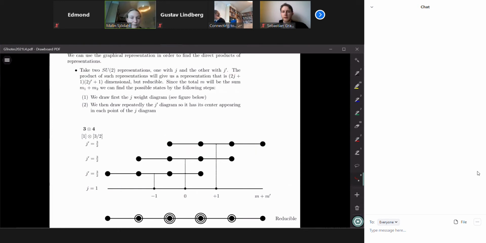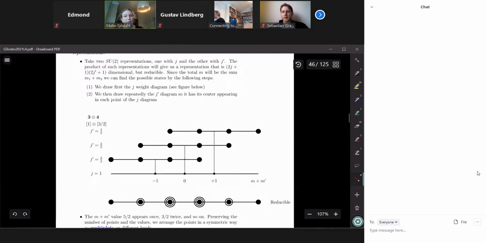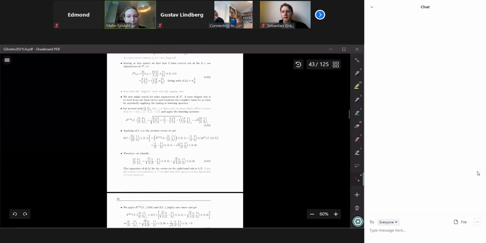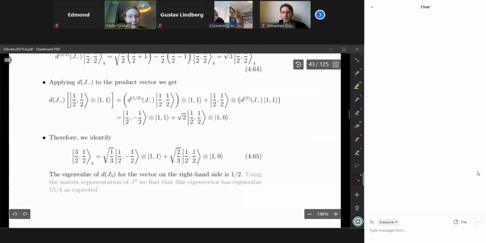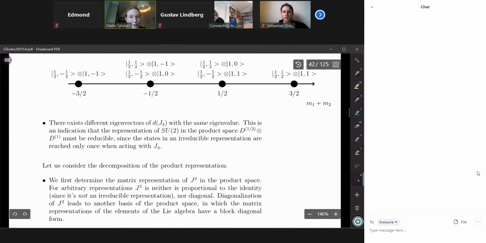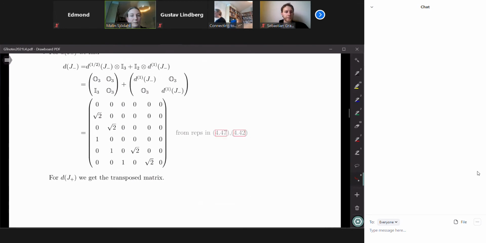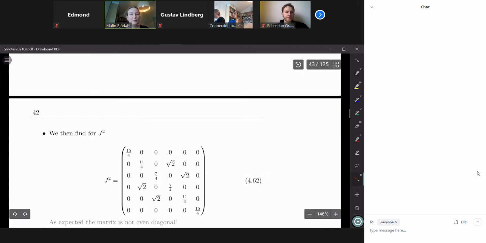Sorry, we had 1 spin 1/2, right, and 1 spin 1. Otherwise, we would have had a complete mess. Yes, and this is why we had this 6-dimensional space with the 6-dimensional matrices, and we had direct products of stuff.